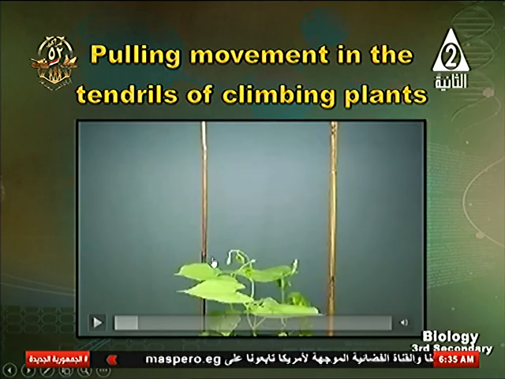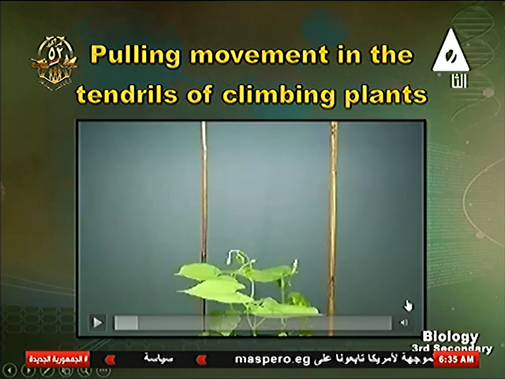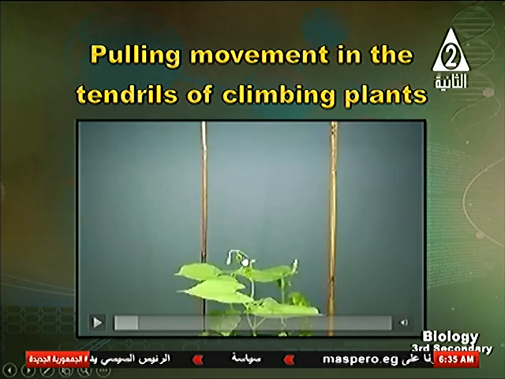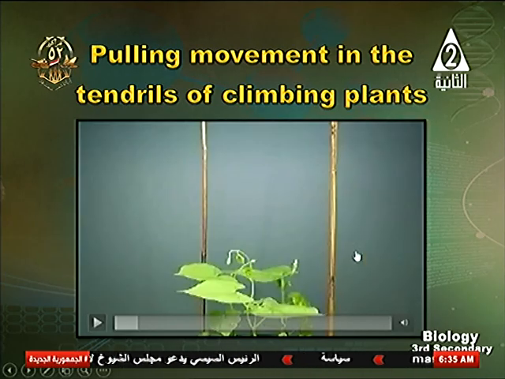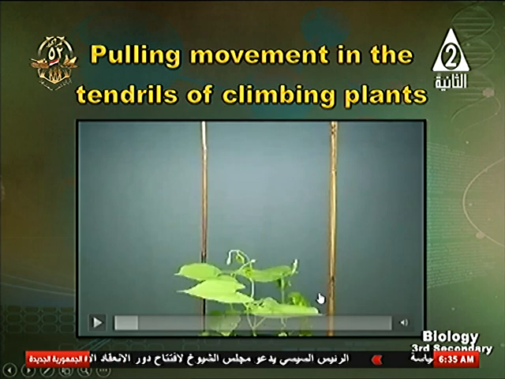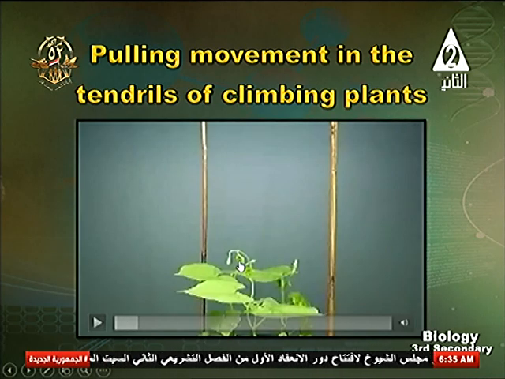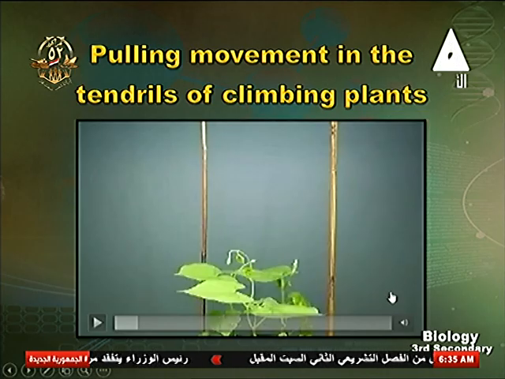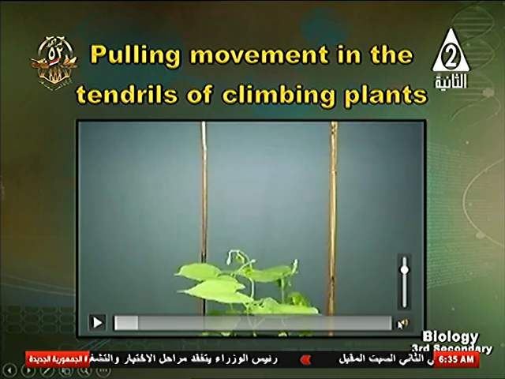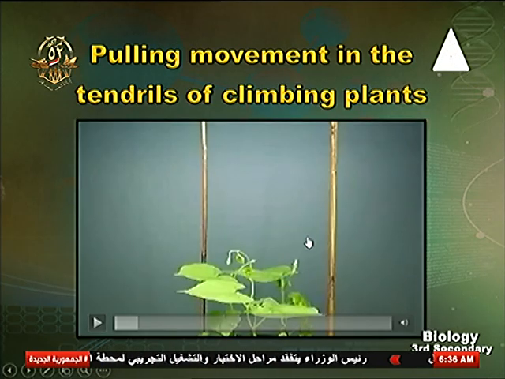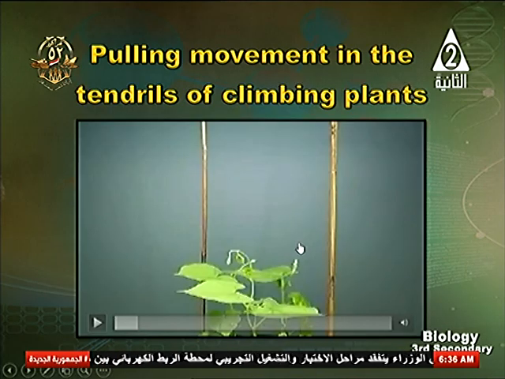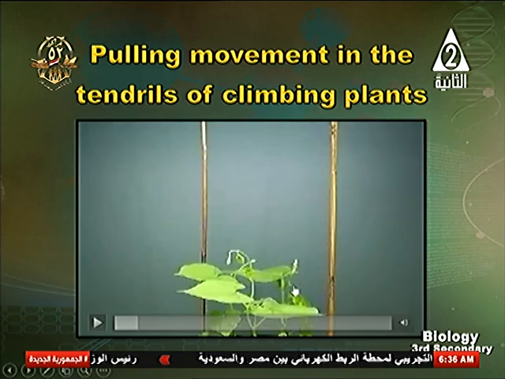It immediately twines closely around the solid object and attaches firmly to it. The rest of the tendril makes a few turns in spiral form, therefore its length decreases, and so the plant stem approaches toward the support, that is to say, it is pulled toward the support and grows vertically.